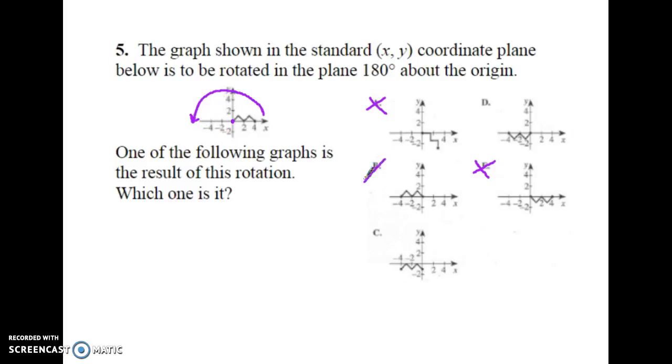So again, you can eliminate now answer choice B. And if you see you've got two peaks or two little maxes on your graph currently, if you rotate it around 180 degrees, those maxes will turn upside down and become mins, so D is my final answer.